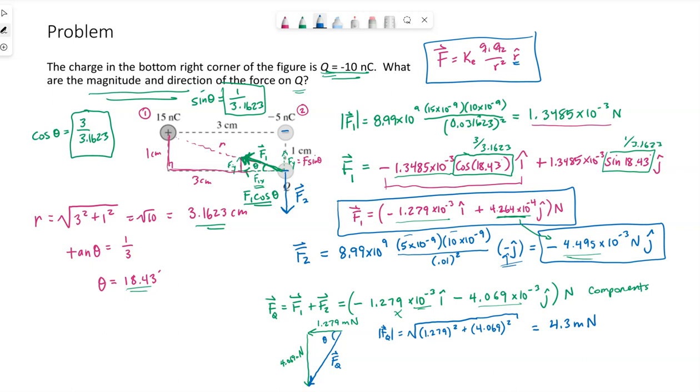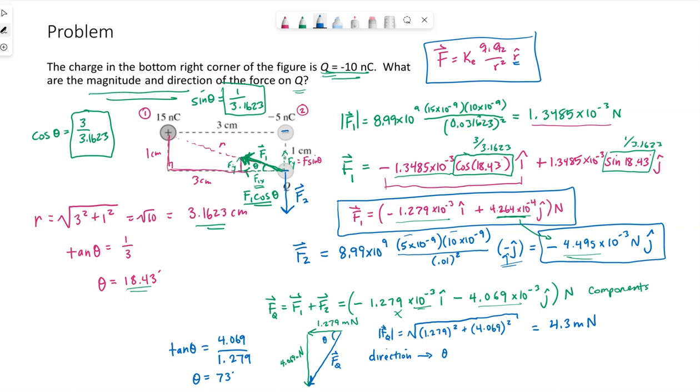The direction is the angle. So in my picture, I can say that my tangent of that angle is that opposite side over the adjacent side. So if I take the inverse tangent of that ratio, I'm getting 73 degrees.